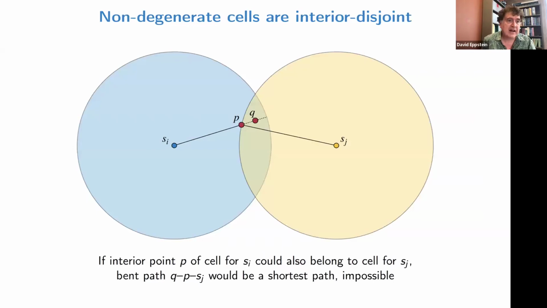Non-degenerate cells in an additively weighted Voronoi diagram turn out to be interior disjoint. There's an argument that if they were not, if you had some point P that belonged to the interior of one cell and also belonged to another cell, then we could find this non-straight path that would have to be a shortest path, but that's an impossibility for the Euclidean distance.